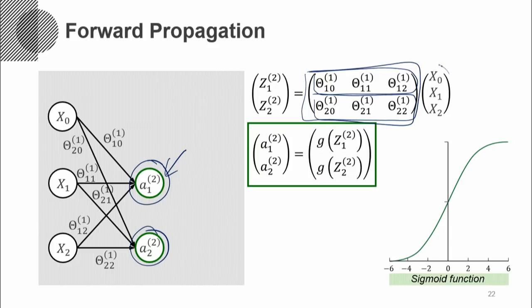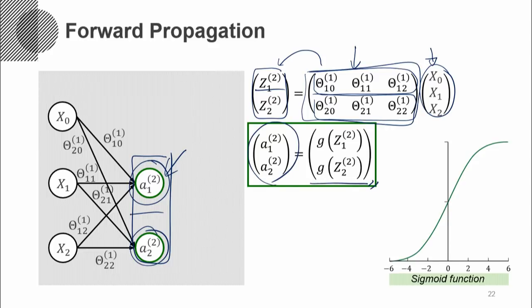Given that these are three-dimensional vectors, this matrix will transform the input vector into a two-dimensional output vector, which corresponds to these two outputs. But these two outputs go through the sigmoid function as our nonlinear unit. And then finally, we will have this two-dimensional vector of output nodes.